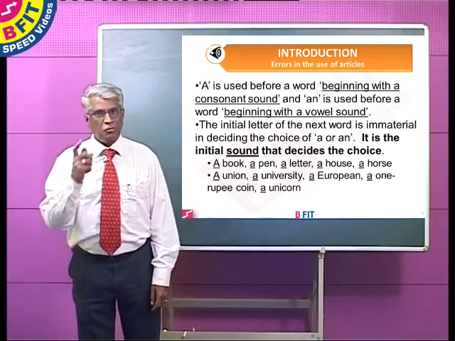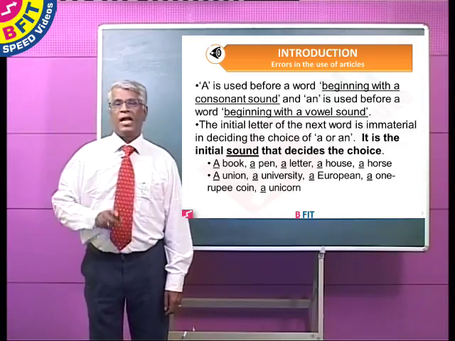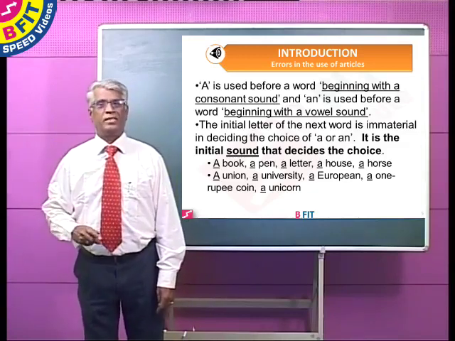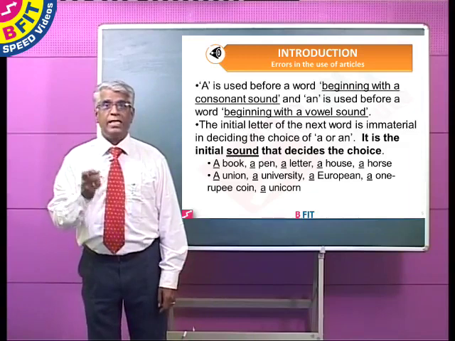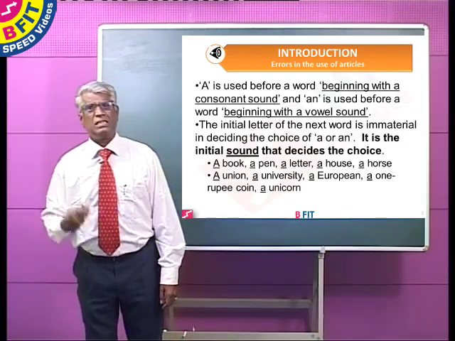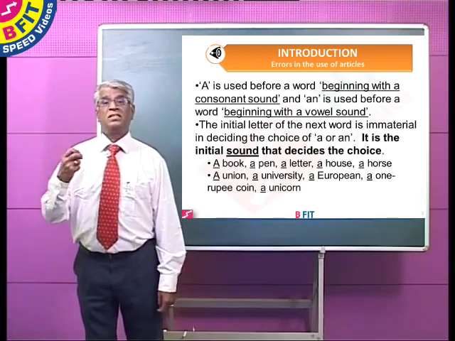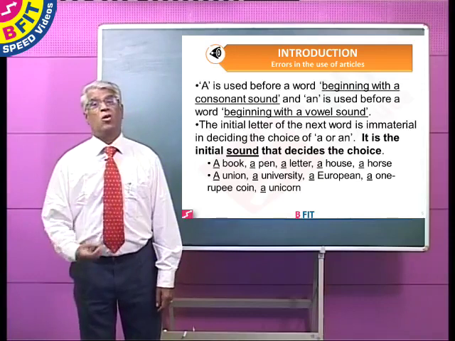And therefore, you have to choose the article a: a one rupee coin, and not an one rupee coin. This may appear to be initially difficult for us because we are not so much concerned about the pronunciation of such words with an initial W sound.